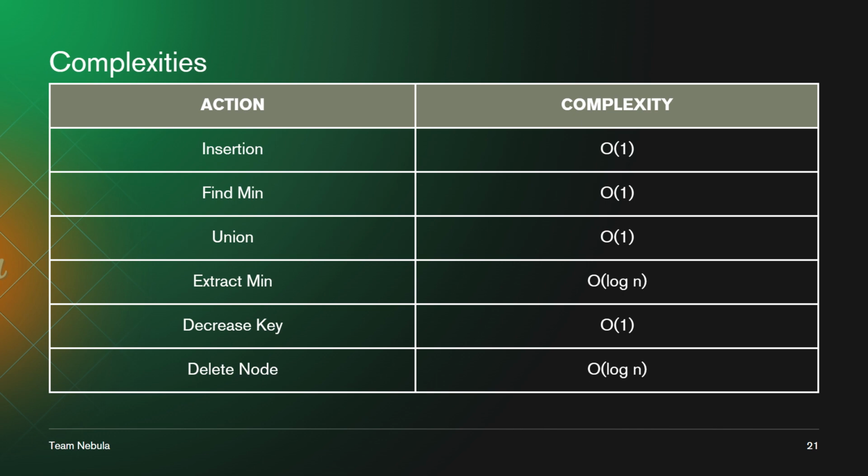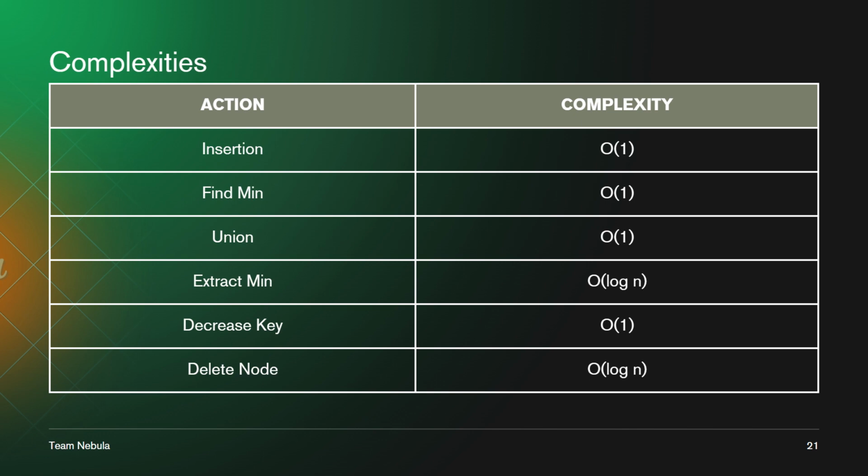Decrease key. Reducing the value of a key takes constant time, which is big O of 1. This operation allows us to update the property of an element quickly. Delete node. Deleting a node takes logarithmic time, which is big O of log n. So removing any node from the heap, including the smallest one, is reasonably efficient.